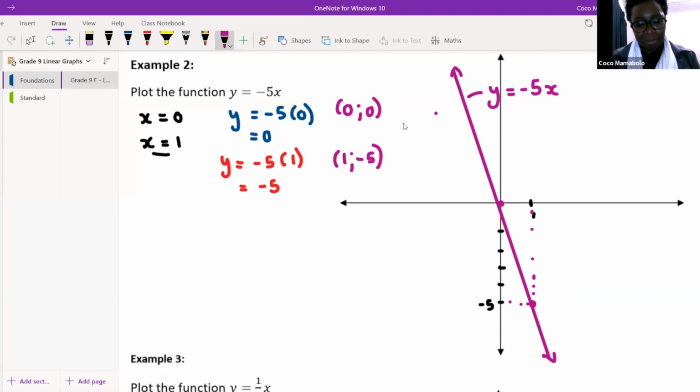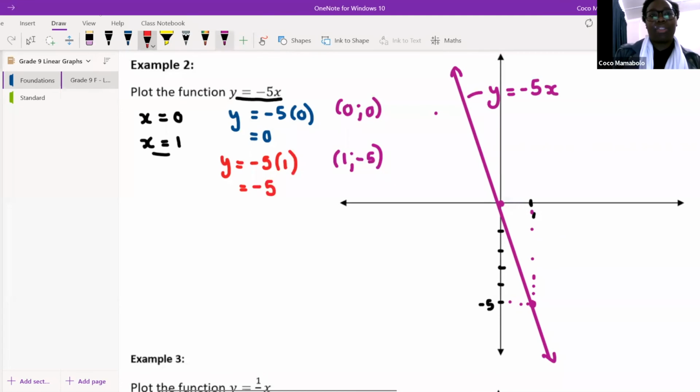Hi, Nova. Yes, ma'am. Sorry. Can you please do x is equal to 1 again? Okay, sure. So can you walk me through this one? Because my function says y is equal to -5x. So I'm going to start by saying -5, and then what do I need to do next? Substitute the 1. Exactly. So I'm going to substitute 1, and I'm going to get -5 multiplied by 1 will give me -5.